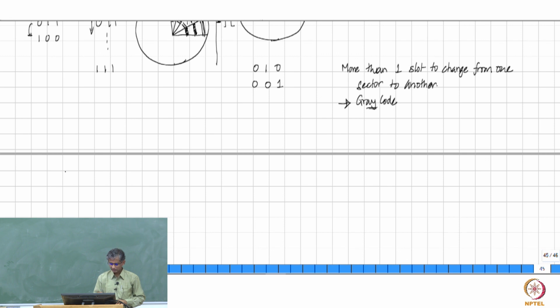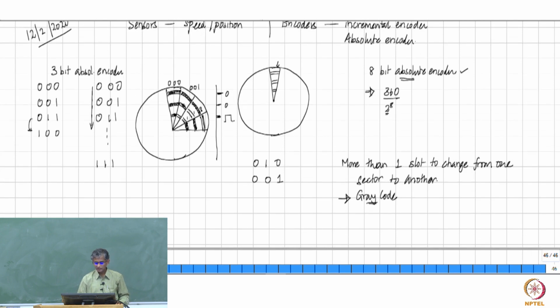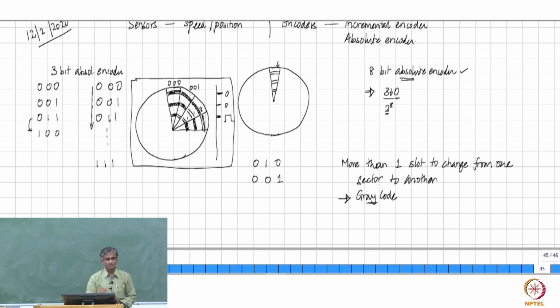Another device which is used for this angle detection is known as the resolver. So here, for example, the difficulty is that if you are going to have an optical way to measure it, then this entire thing must be enclosed in such a way that dust cannot enter them.